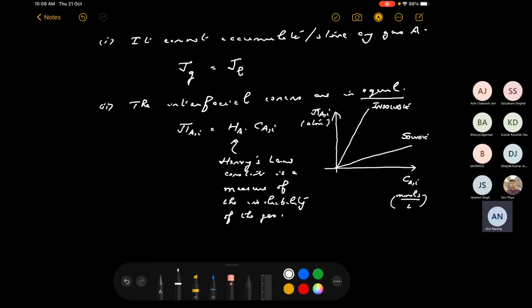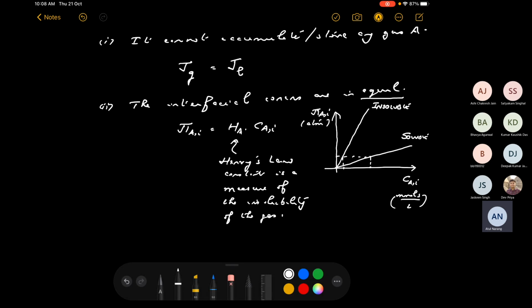To see that, simply take a fixed, say, for example, partial pressure of A in the gas phase, and basically you can see that in the case of the insoluble, you will get a very low value of CAI. In the case of soluble, you will get a high value of CAI. So HA, the Henry's law constant defined this way, is a measure of the insolubility of the gas.